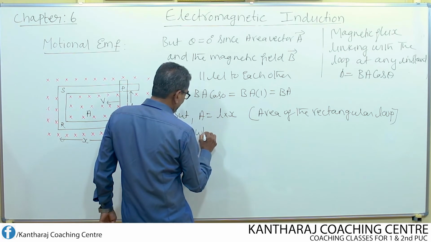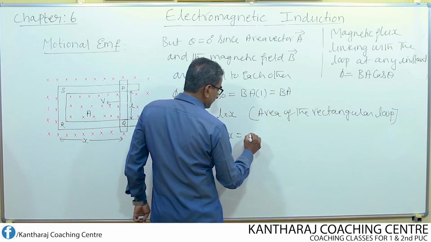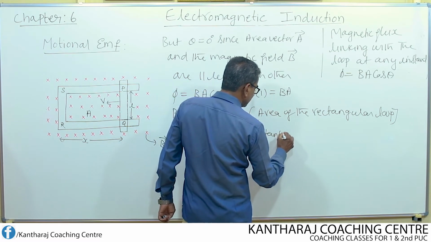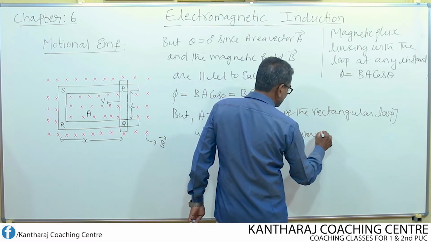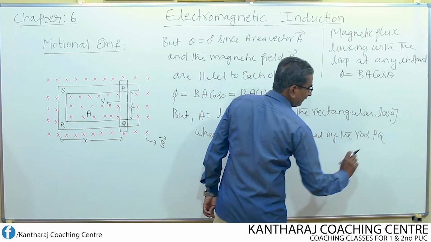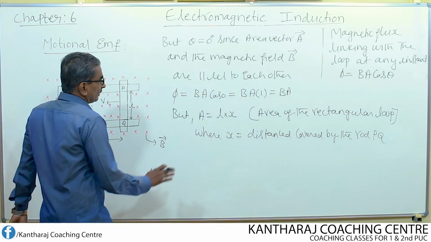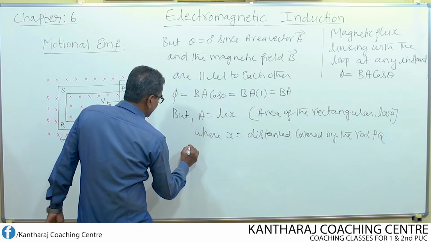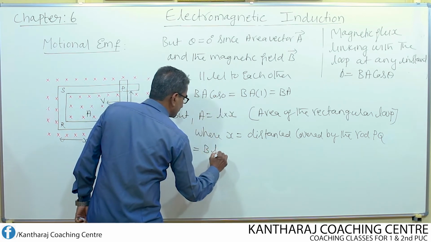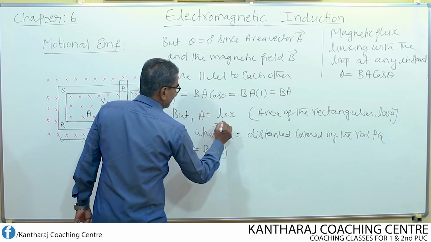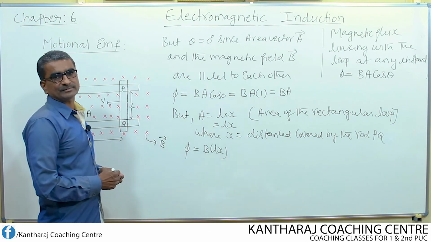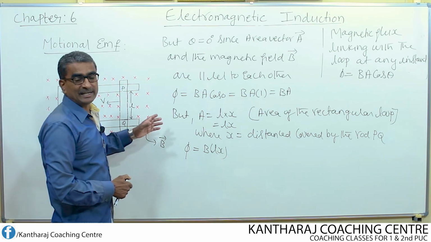Don't forget, x equals the displacement or distance covered by the rod PQ. Now if I substitute this in the equation, phi equals B into Lx. So this is the flux that links with the loop at any instant of time.